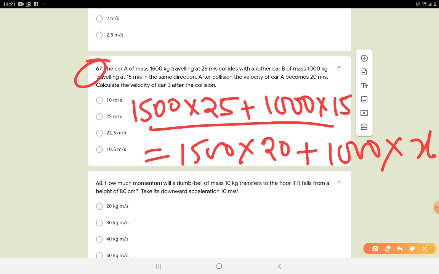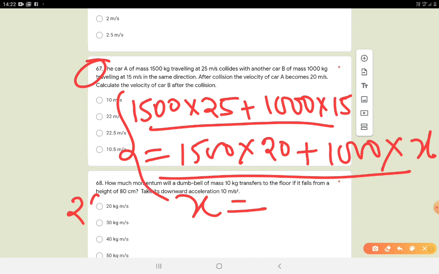Now we will solve this one. This is so easy. Multiply all these things and find the value of X. After this equation you can easily find the value of X. I think the answer should be 22.5.